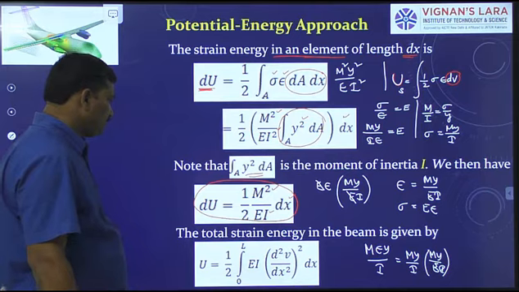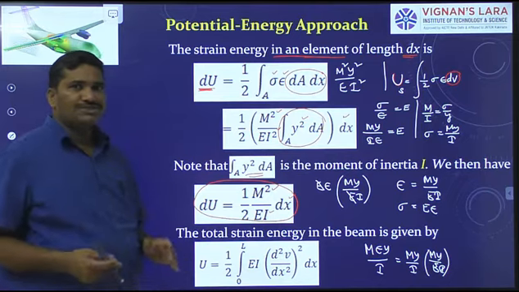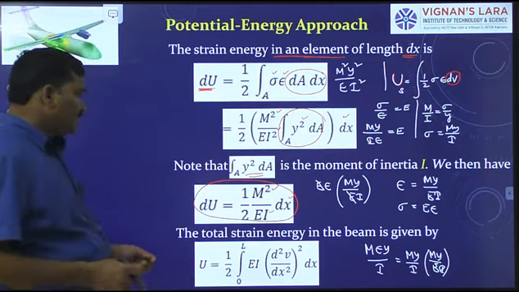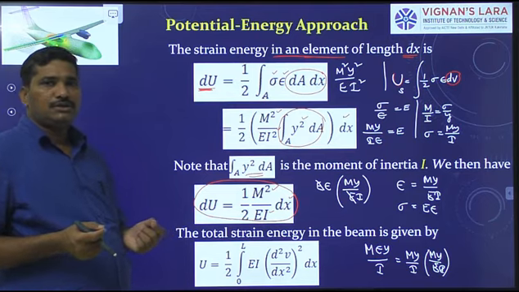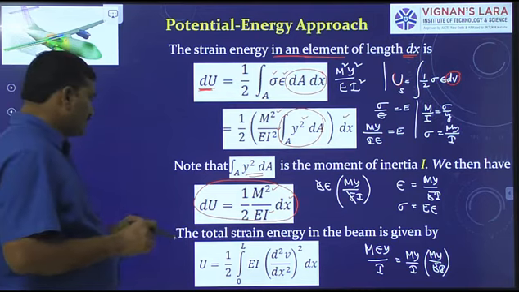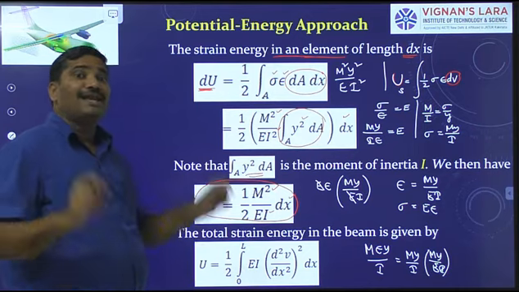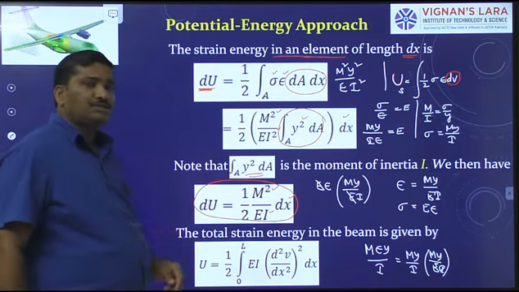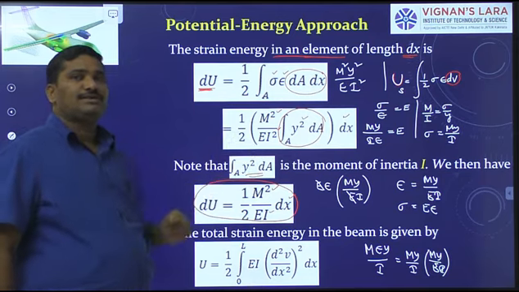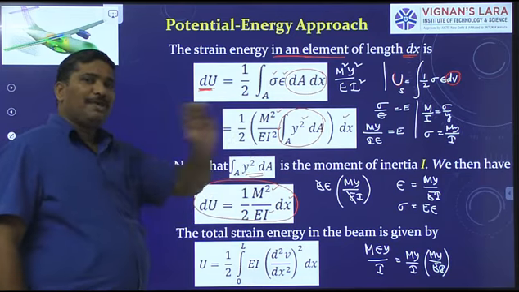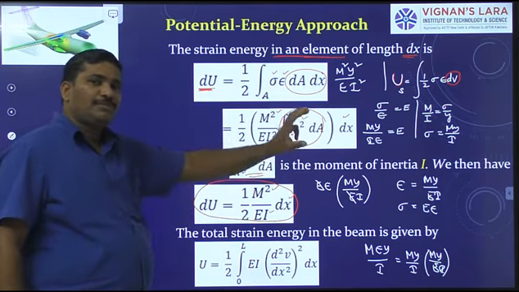Now, if you want the strain energy in the elastic solid of length L, then you have to integrate this over the length of the solid. What is the solid here? Beam. L is the length of the beam.